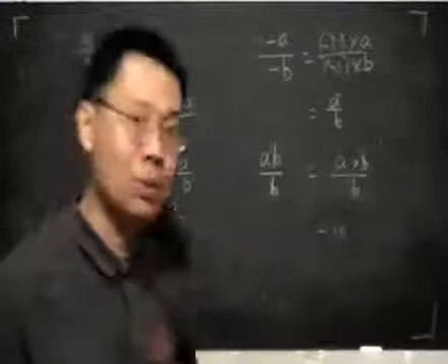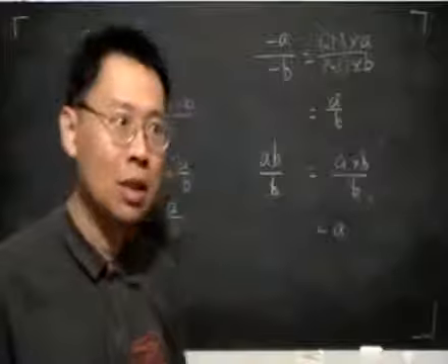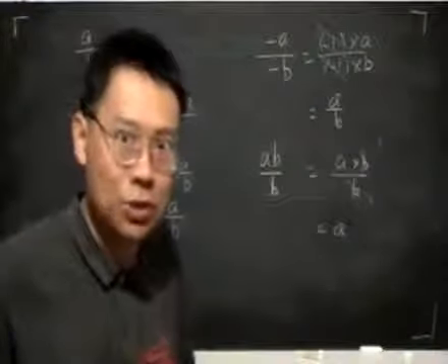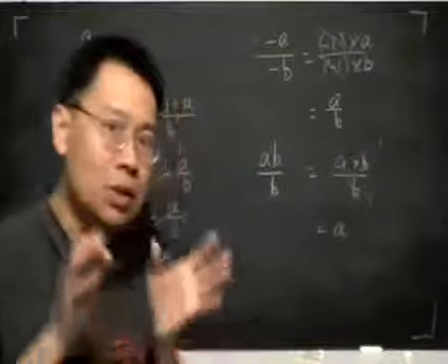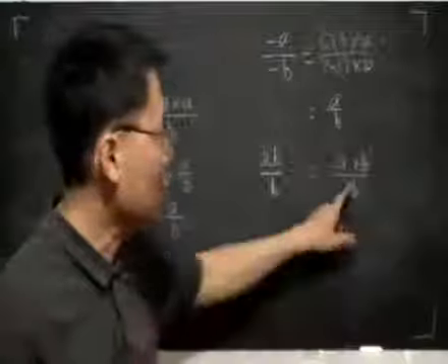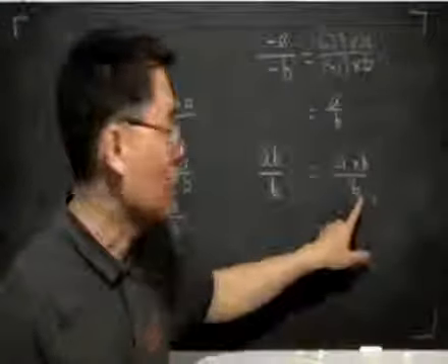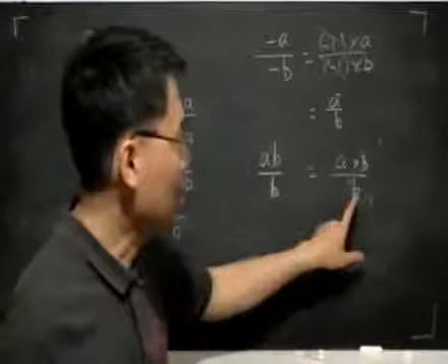When you cancel the B, you're not really removing the number and getting 0. When you cancel numbers in a fraction, you're really dividing that number by something. So what you would get is another number.